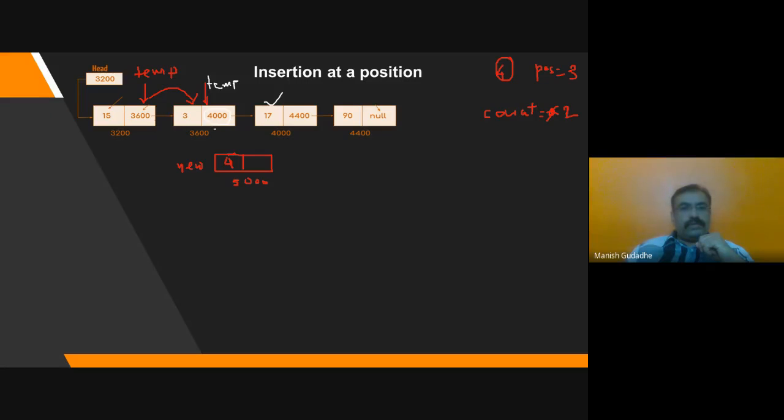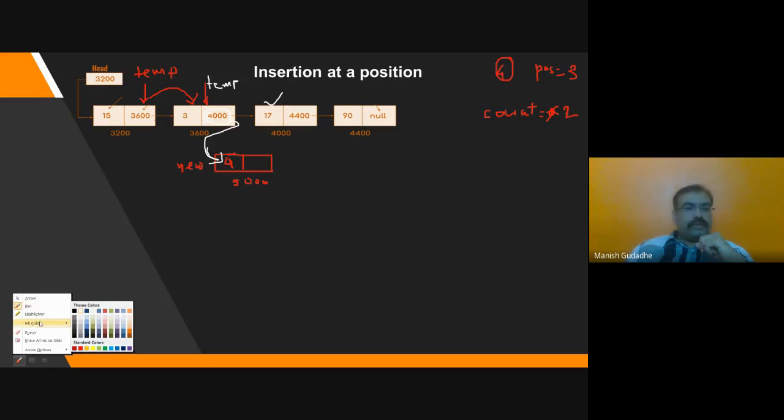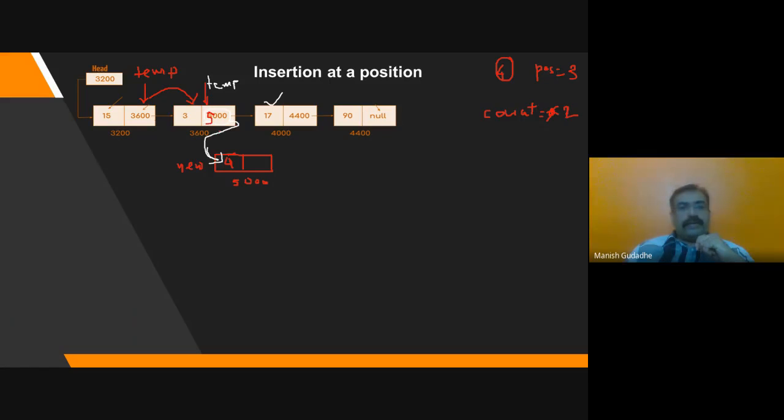Now this should point to this second node. Temp should point to the newly created node. If I am creating this new link first, the address value here will be changing to 5000, and I'm going to lose this address. So it should not happen. So first you need to create this link, and then only you go for the next link.